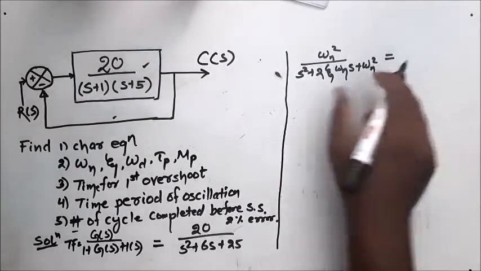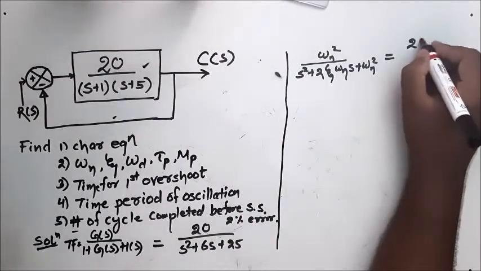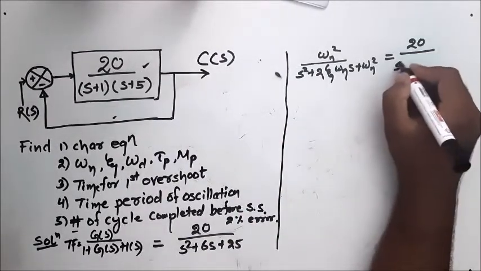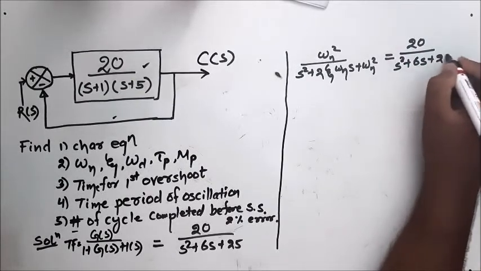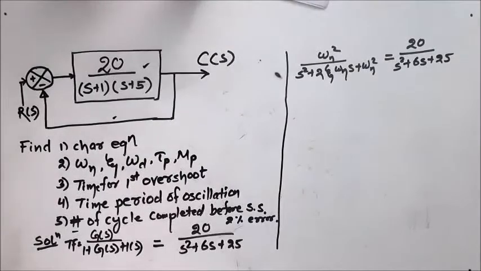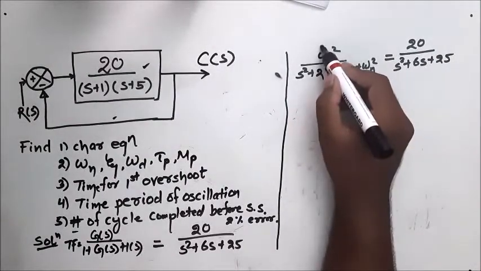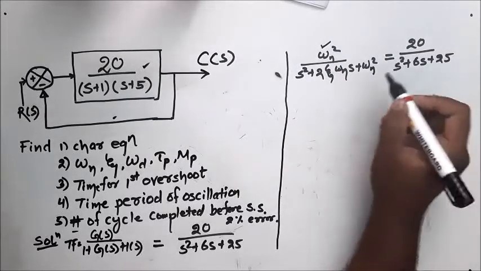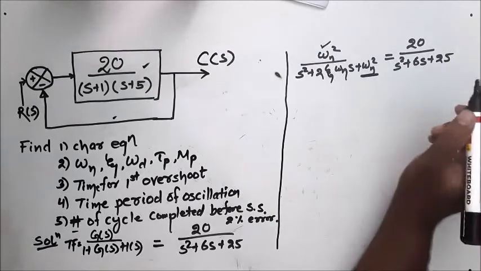If I compare it with 20 divided by s square plus 6s plus 25, the numerator is omega n square and the last constant is also omega n square.